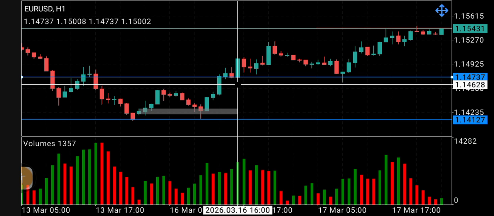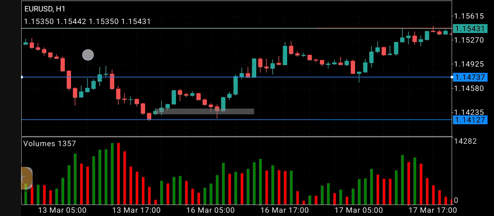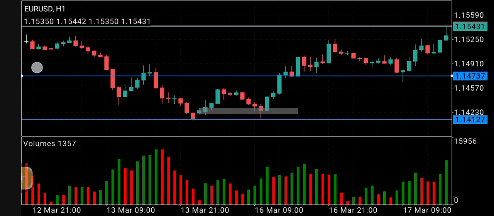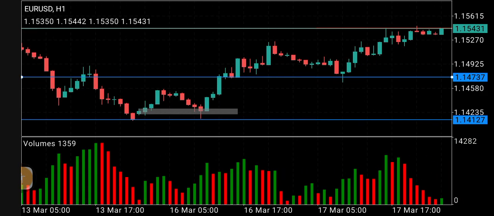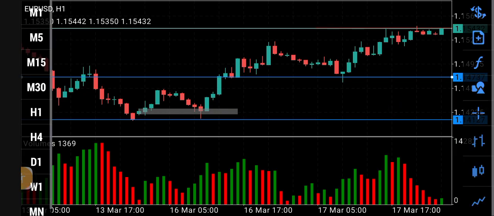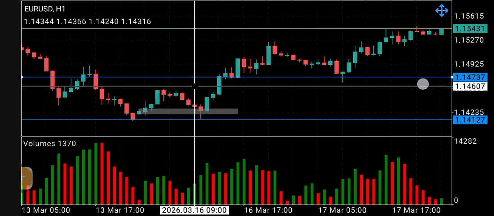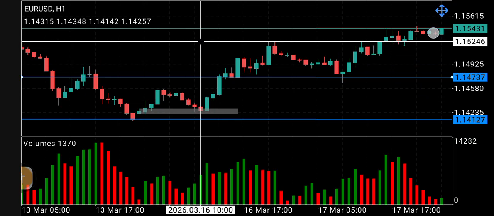So where I put my take profit, the first level I put my take profit here was the high of this candle. Look at it. That was it.